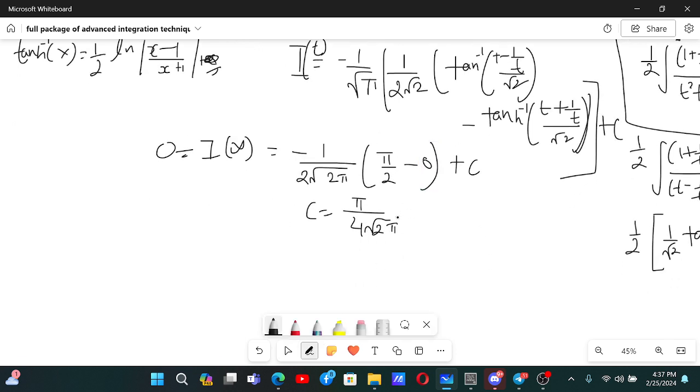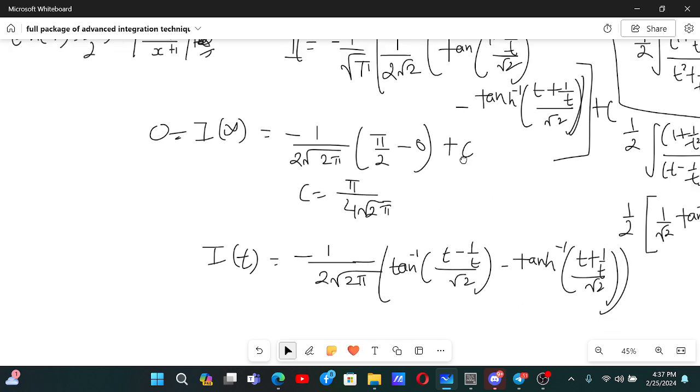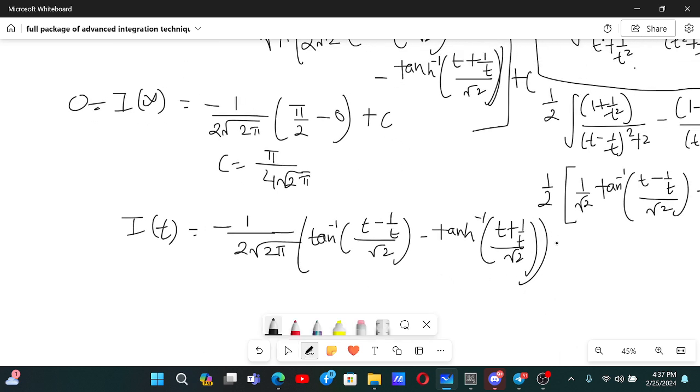Now with that we have I of t as minus 1 by 2 root 2 pi, or tan inverse t minus 1 by t by root 2 minus tan h inverse t plus 1 by t by root 2, and the c is plus pi by 4 root 2 pi.